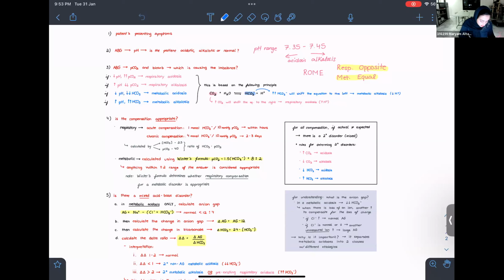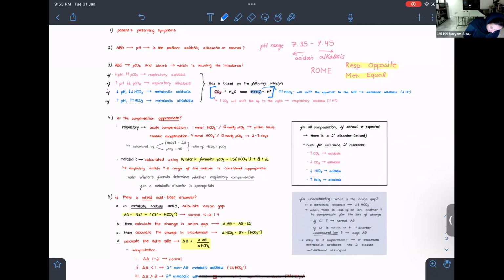And if you ever get lost in terms of compensation, just remember this formula here. This is the basics that are going to help you understand everything, the shifts to the left, the compensation and all that. For respiratory compensation, I'm going to draw it out for you here.